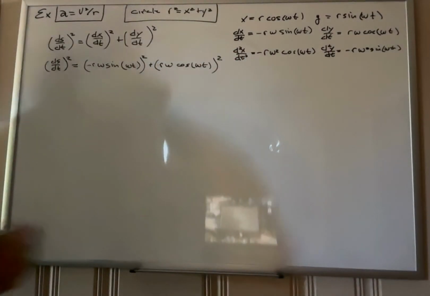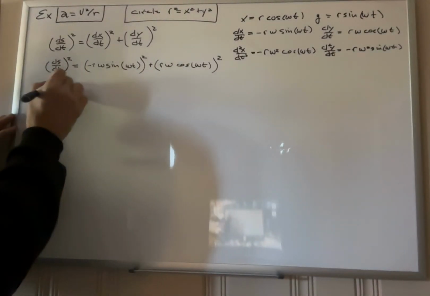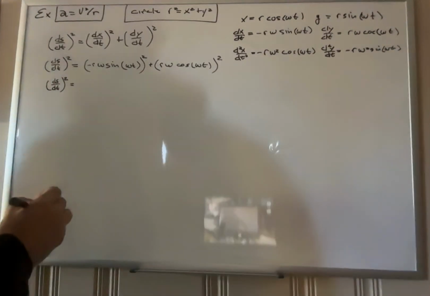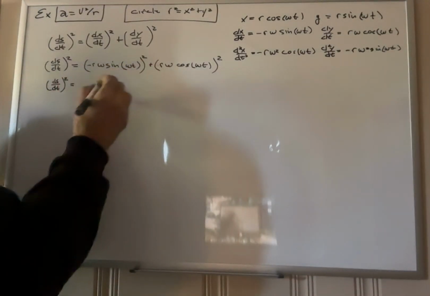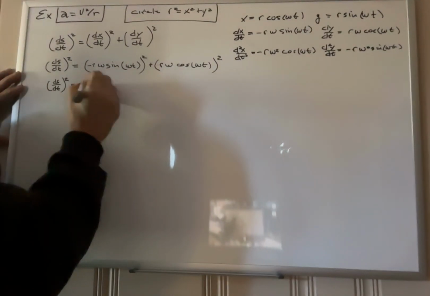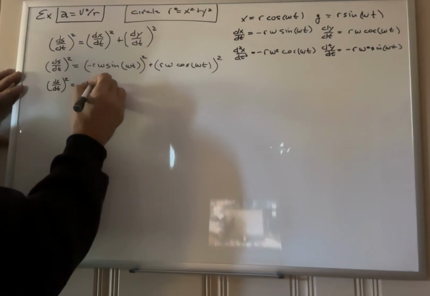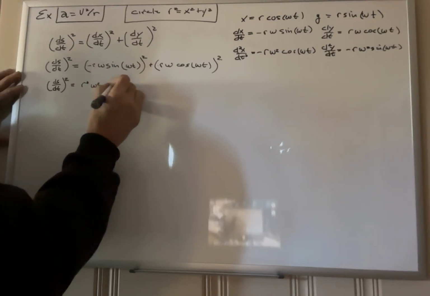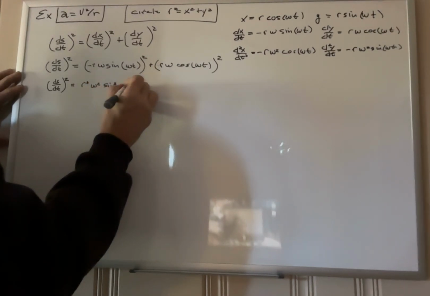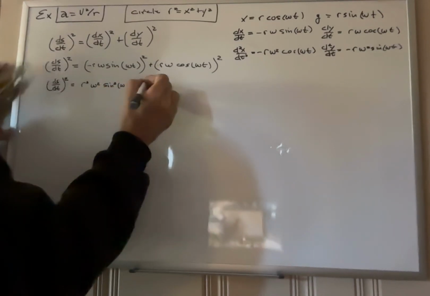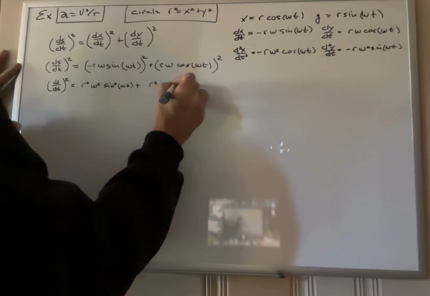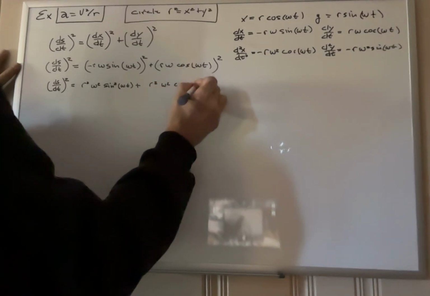All right, so let's square and see where we go from there. (ds/dt) squared is going to end up being, it's a bunch of stuff here, but we'll do it anyway: r squared w squared sine squared wt plus r squared w squared cosine squared wt.